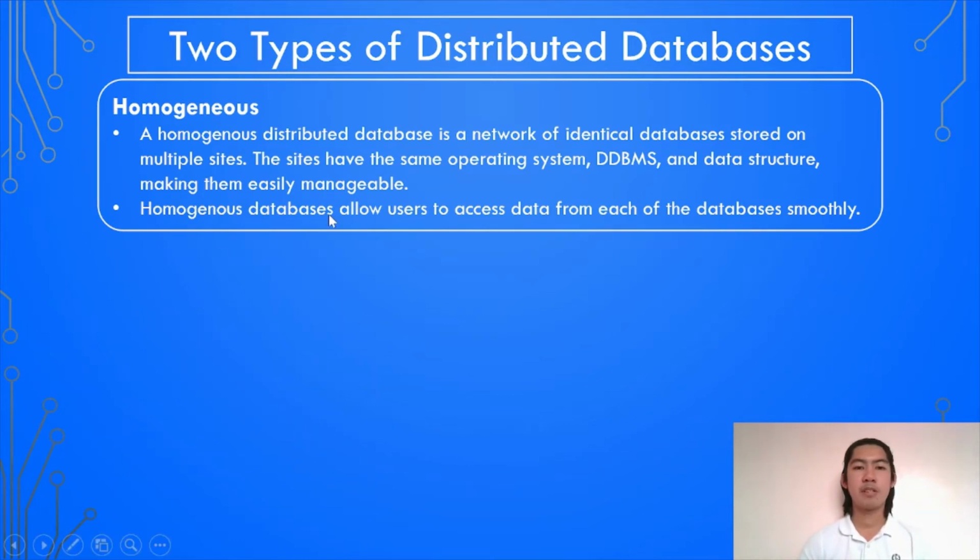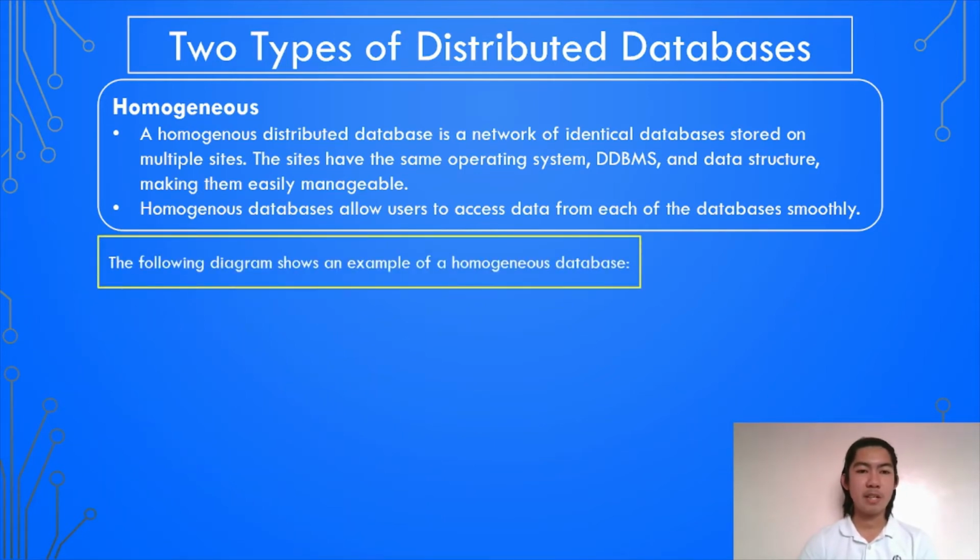Homogeneous databases allow users to access data from each of the databases smoothly. So yun, yung nagagawa ng isang homogeneous na type ng isang distributed databases.